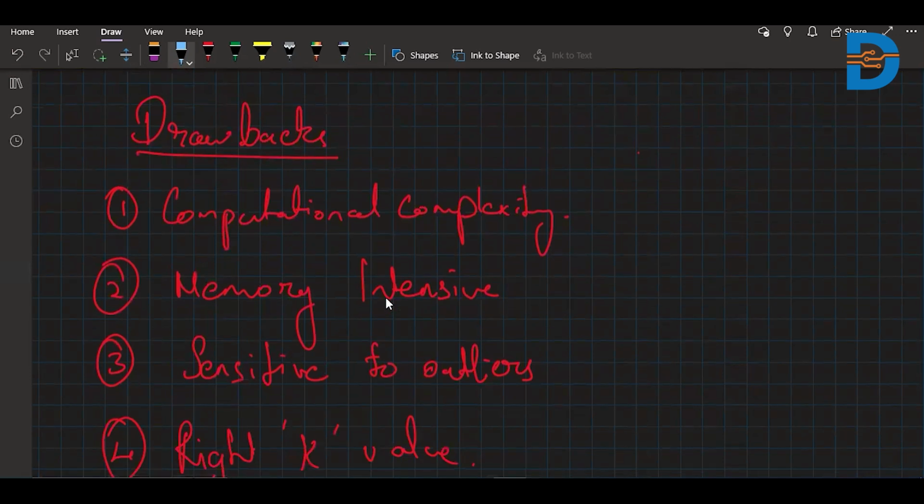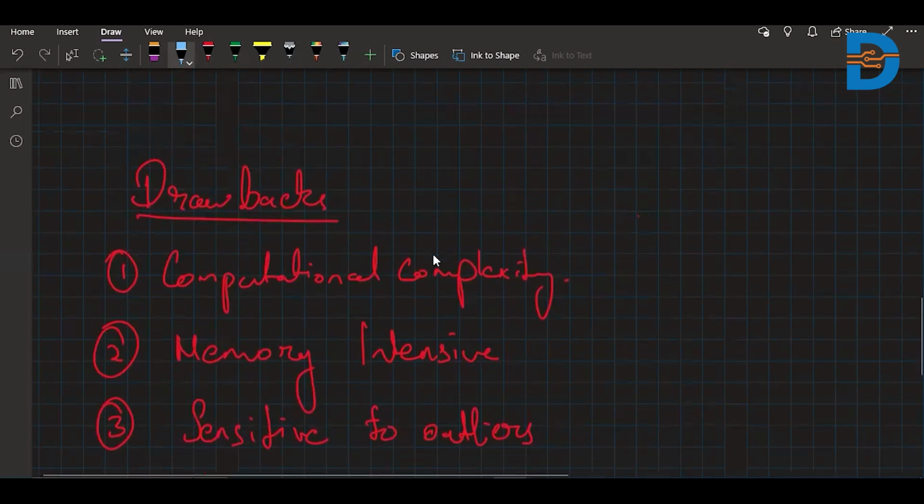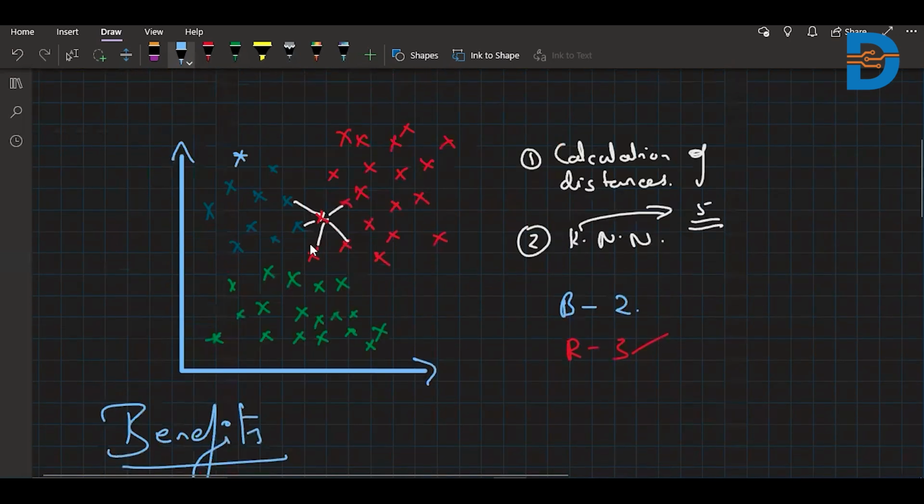The algorithm, as and when it receives new data, has to do a lot of computation. And if your data is of a large size or large scale, this computation becomes more expensive and more complex, right? Especially when you have a large number of features as well. In this particular two-dimensional example, things are pretty straightforward.